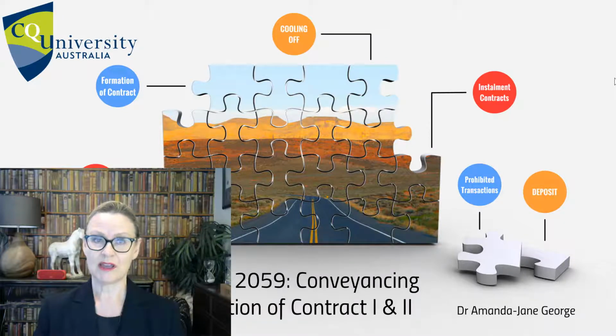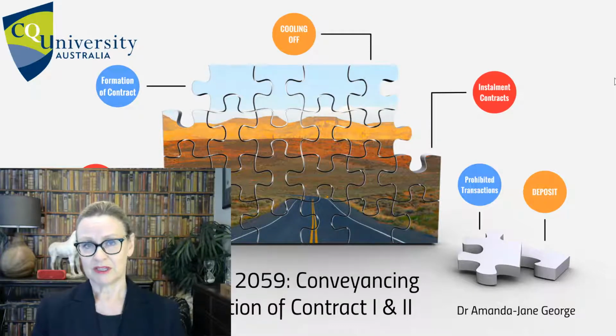So today we are at the happy position of having formed our contract. It seems to be valid under the PLA. What's the next issue that you'd need to start thinking about? Well, that would be the cooling off period under which the buyer can back out of the transaction.